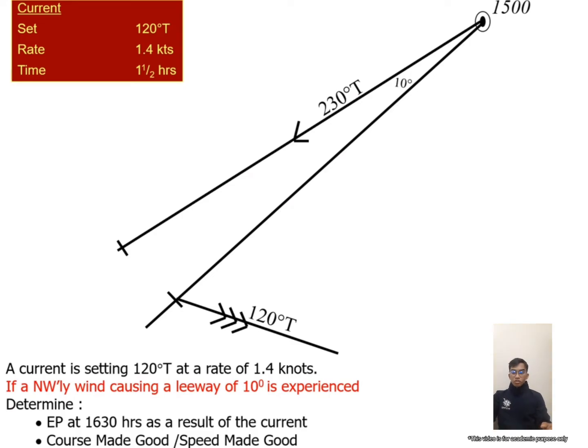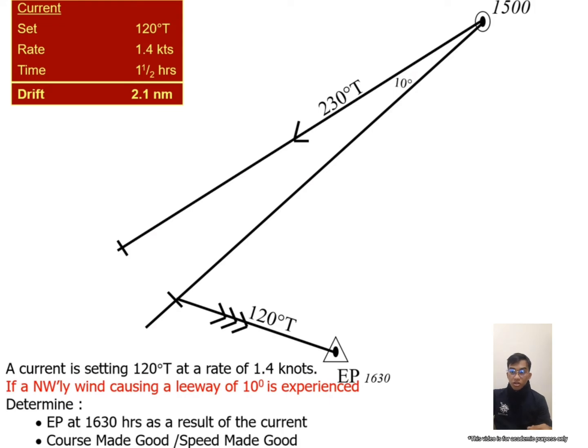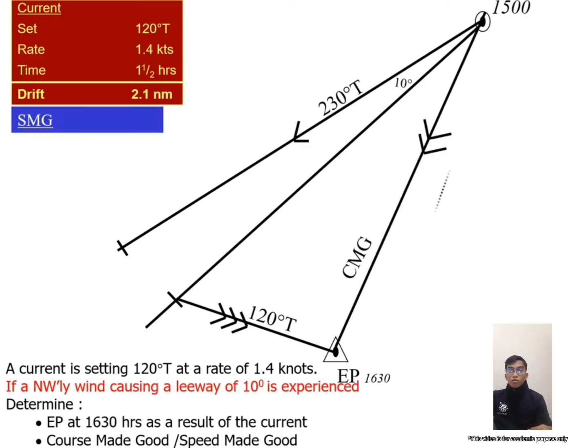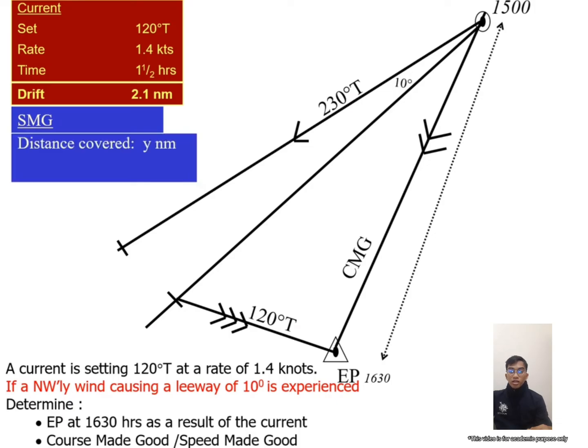And the drift of the current will be 2.1 nautical miles, based on the fact that its rate is 1.4 knots. Once you draw it for 2.1 nautical miles, join the 1500 position to the final position, which is estimated position 2 at 1630, and that will give you your course made good as well as your speed made good.